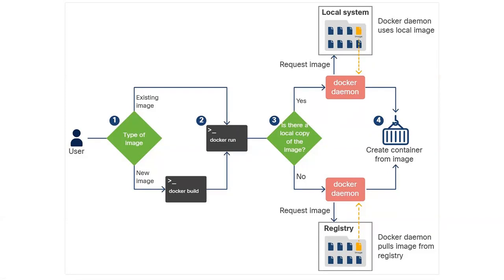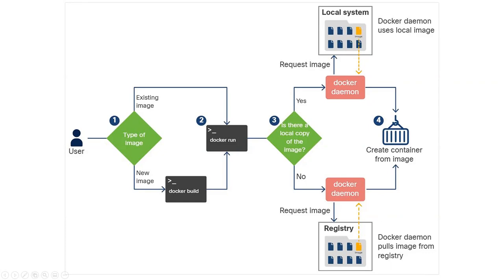If it does not, it pulls the image from the registry. The Docker daemon creates a container based on the image, and if docker run was used, logs onto it and executes the requested command.